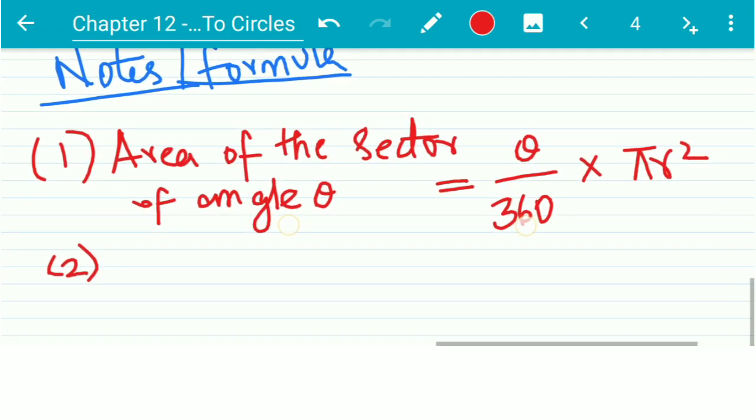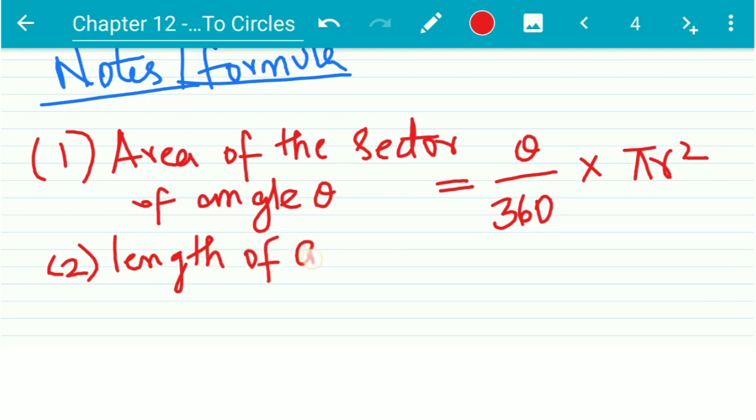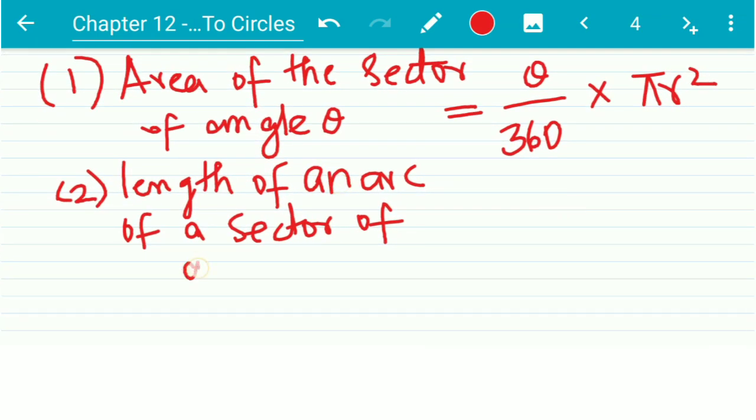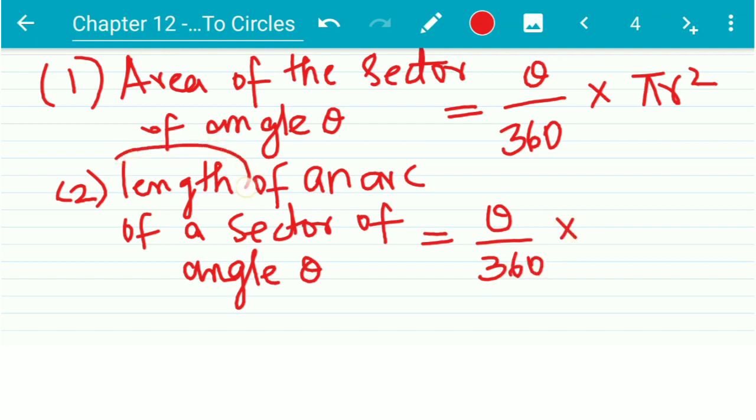Note number 2. Length of an arc of a sector of angle theta equal to, what is the formula? Again, theta by 360 into what? Since this is the length, we know how to find the length of a circle or an arc. Circumference 2 pi r. So it will be theta by 360 into 2 pi r.